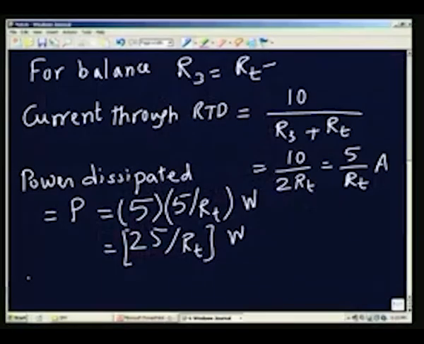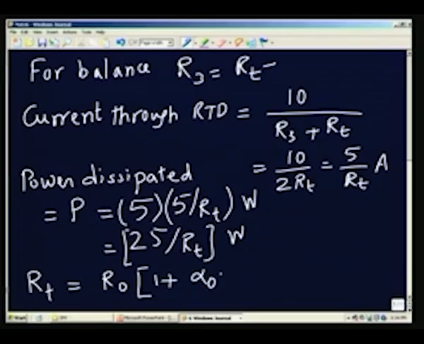RT can be determined if we know the temperature of the resistance, and RT is equal to R0 into 1 plus alpha naught, which is given, multiplied by T.